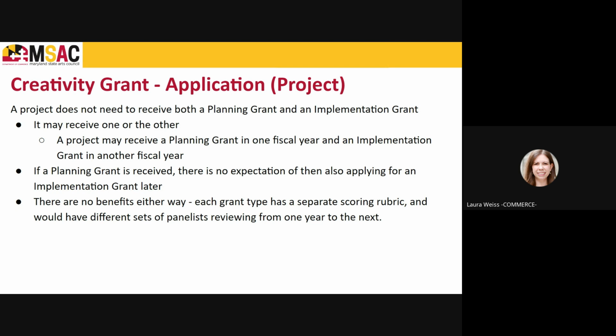Each grant type has its own separate scoring rubric, and they would have entirely different sets of panelists reviewing from one year to the next. So you don't have to do one to do the other. That's not going to necessarily help or hurt your chances of getting one or the other.